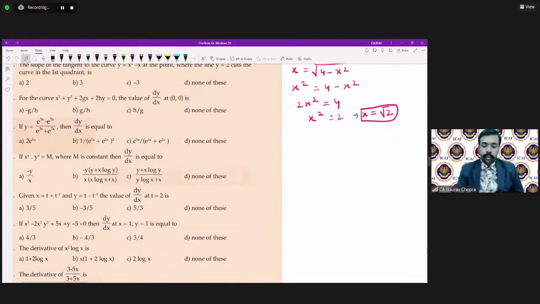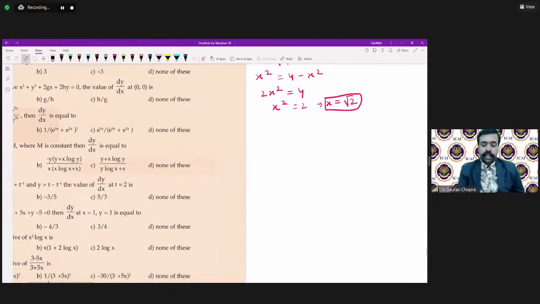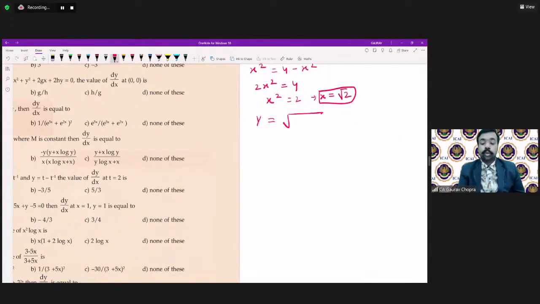Now see what we can do next. We have again y is equal to root of 4 minus x square. We can find out its derivative, dy by dx. So what is the derivative of root? It is simply 1 upon root of 4 minus x square, and then the derivative of 4 minus x square is minus 2x.